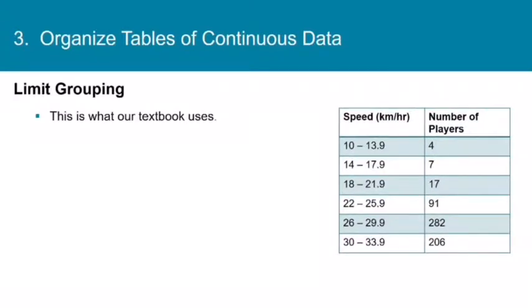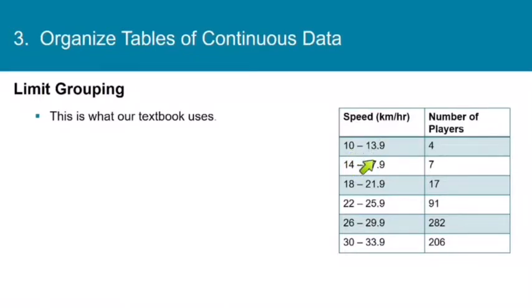Now let's look at limit grouping, and this is what our textbook uses. So I want you to notice that the upper class limits here are not under anything, but it's definitely going to include this 13.9, and it stops there. So there's a little gap between the classes, but it's not a gap that's going to matter to our data, because the data in this frequency distribution would only have one decimal place.